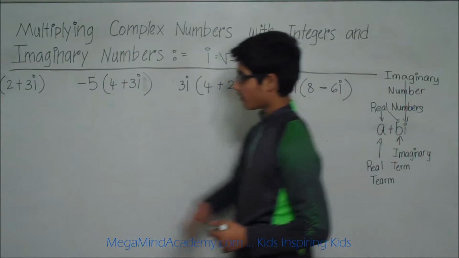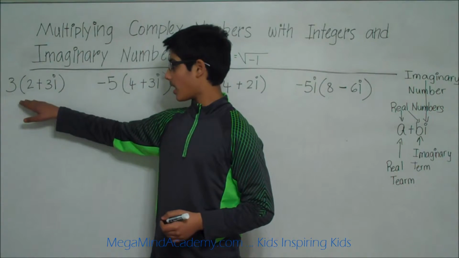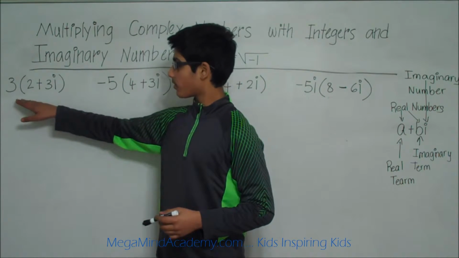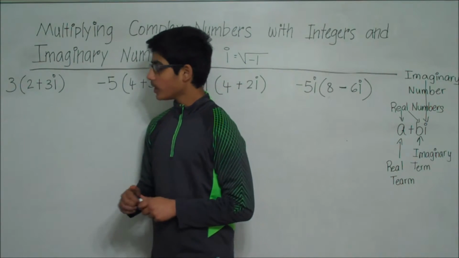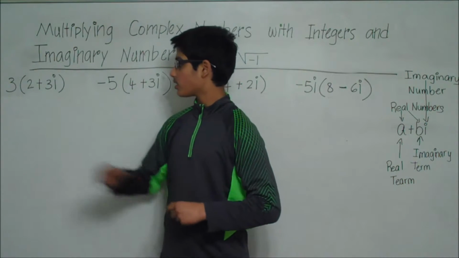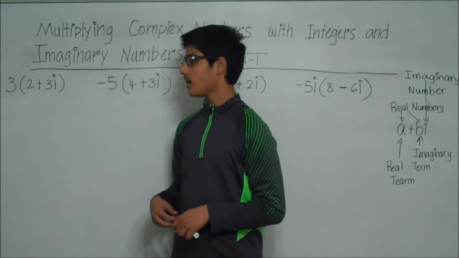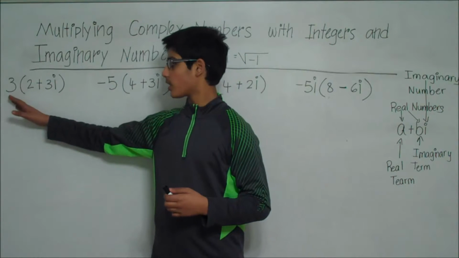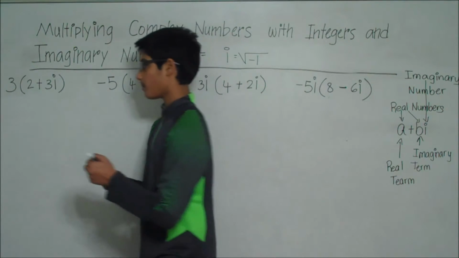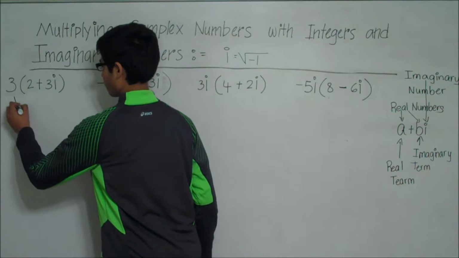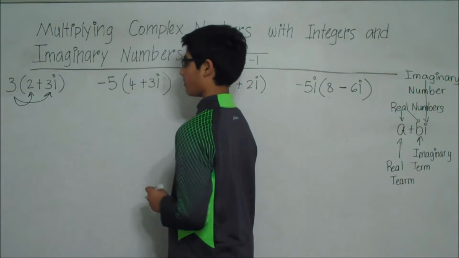So now let's solve this first problem. 3 times, in parentheses, 2 plus 3i. Whenever we multiply terms outside the parentheses with terms inside the parentheses, we have to distribute the terms that are outside with the terms that are inside. So we have to distribute 3 with 2 and 3 with 3i.